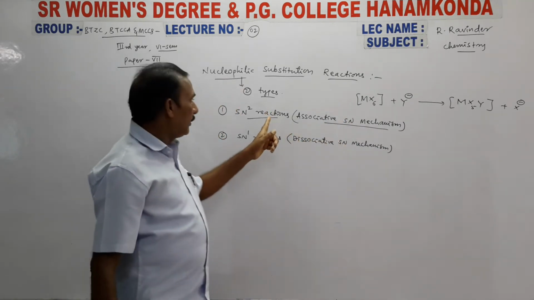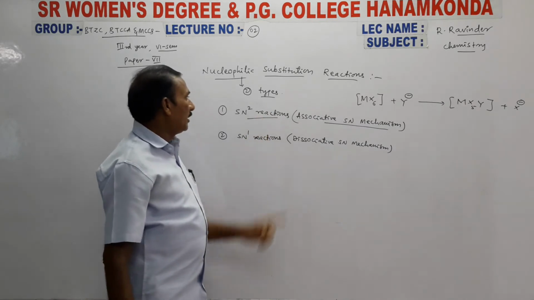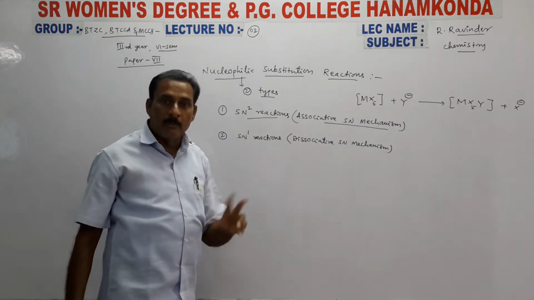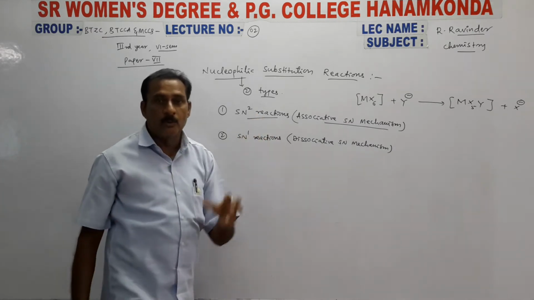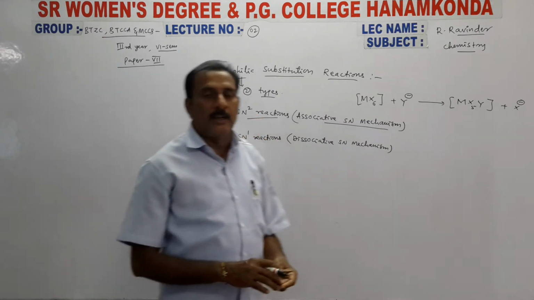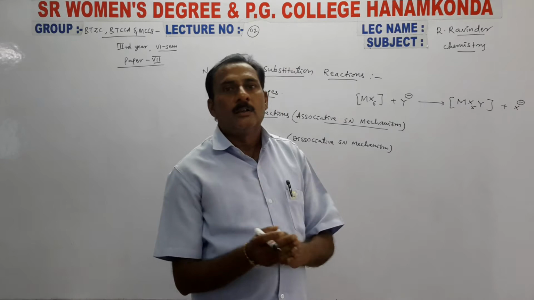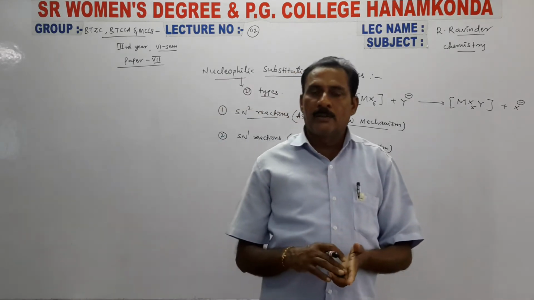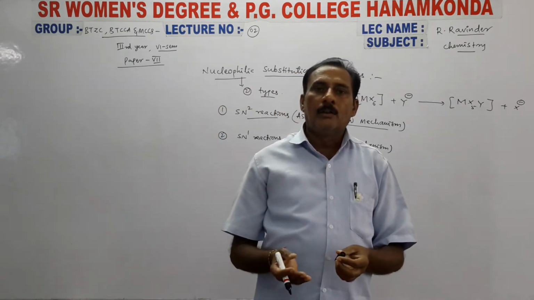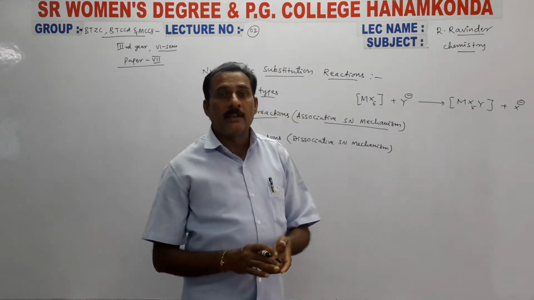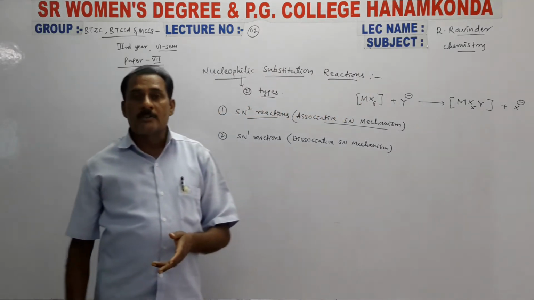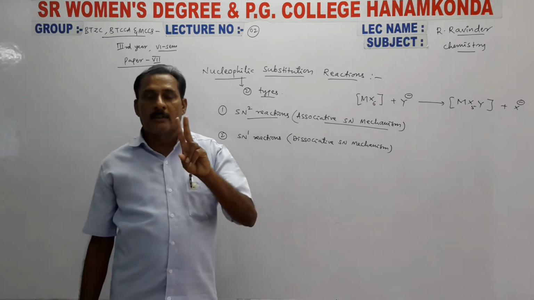The SN2 reactions are second order or bimolecular reactions. How can we define the SN2 or SN1 reaction? SN2 means bimolecular nucleophilic substitution reactions, which are second order. The rate of the reaction depends upon the slow step, not the fast step. In the slow step there are two reactant molecules, and the rate of the reaction depends upon the concentration of the two reactant molecules.